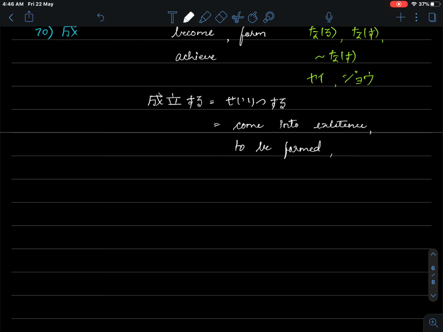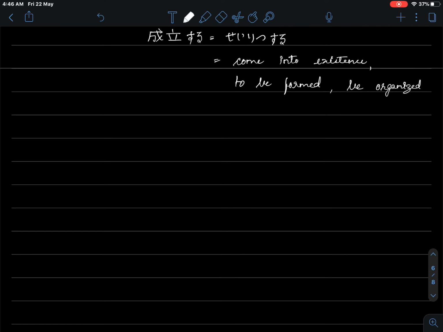Or to be organized. Writing kanji in the stroke orders can be a bit of a pain.